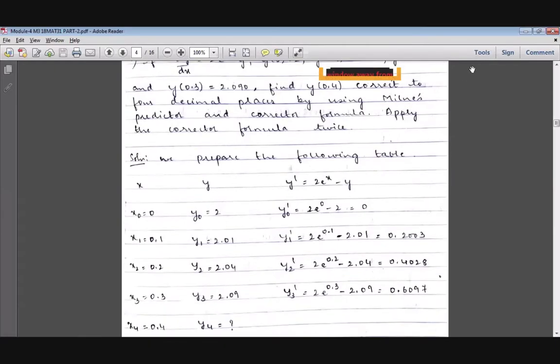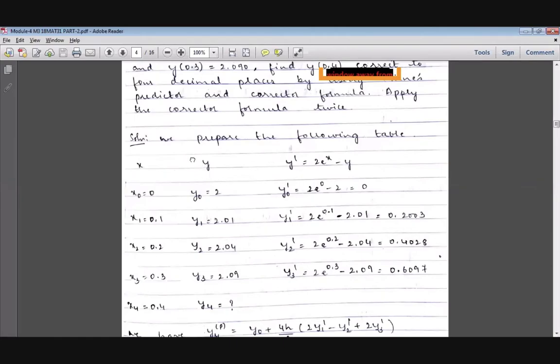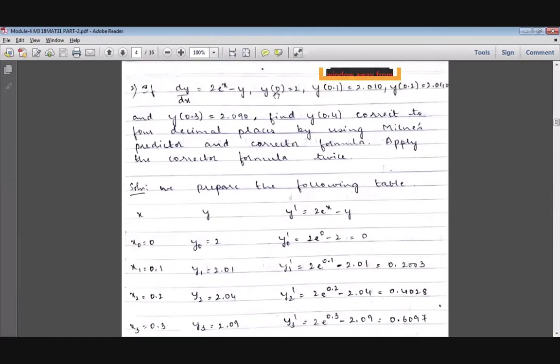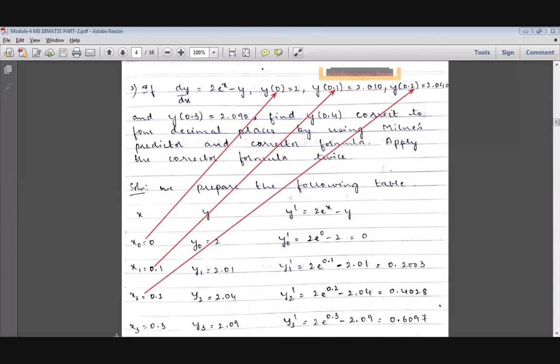First thing is we need to construct the table. Write x0, x1, x2, x3, x4, y0, y1, y2, y3, y4. Then x0: this is the starting value, this is x0, this is x1, this is x2, then this one is x3.